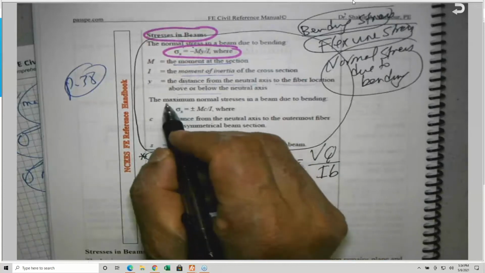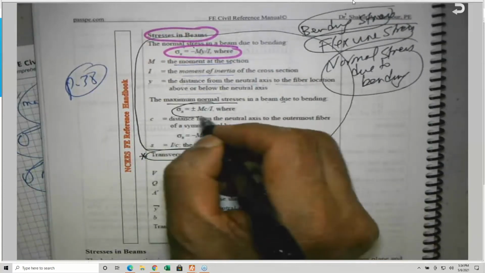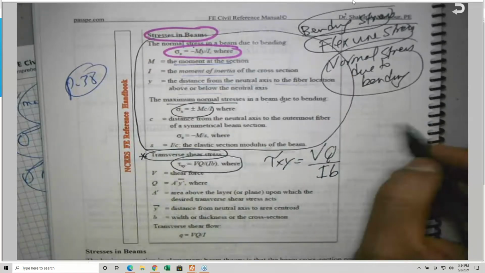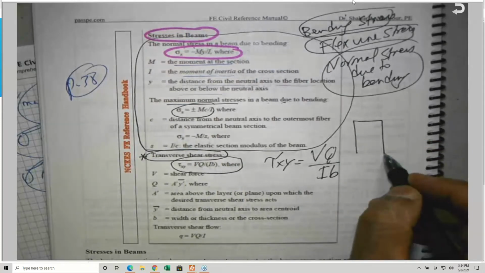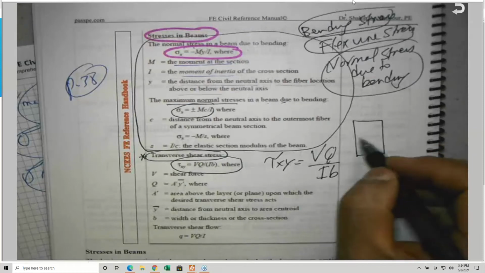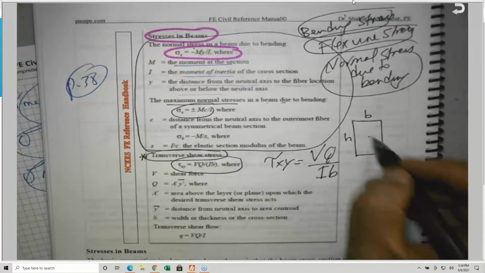The maximum normal stress in the beam due to bending is given by this equation, Mc over I. Right now it is not My, because right now the beam is like this. This is the cross section of the beam. Assume it's a rectangular one, not a T-beam. If this is b and this is h, the centroid is somewhere here.